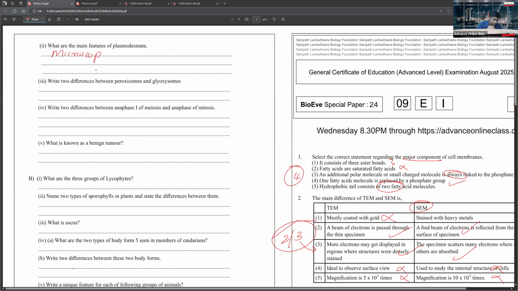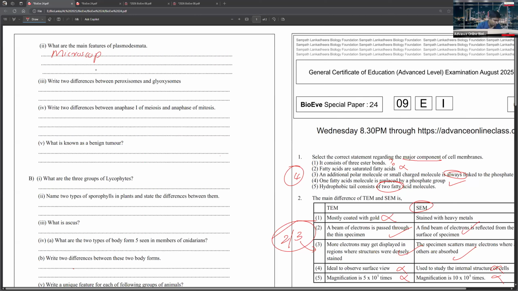Then in anaphase 1, homologous separation of chromosomes. One of you say that chromosomes attached at the centromere in metaphase.